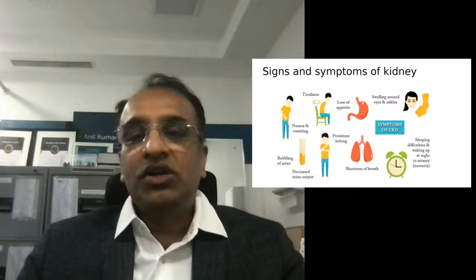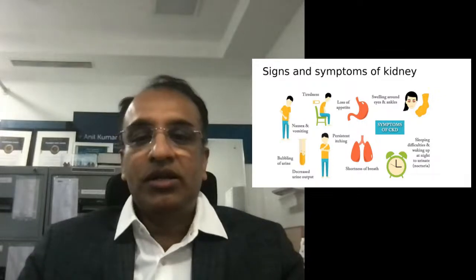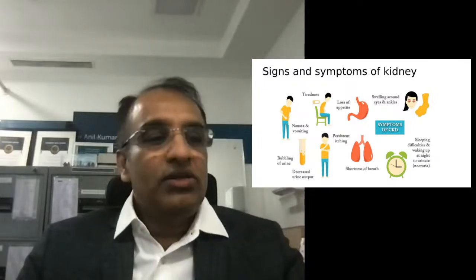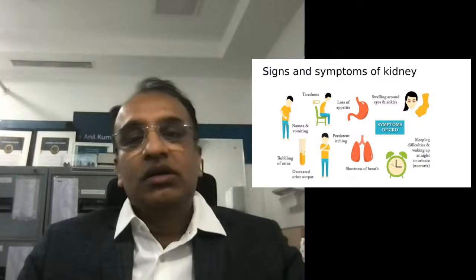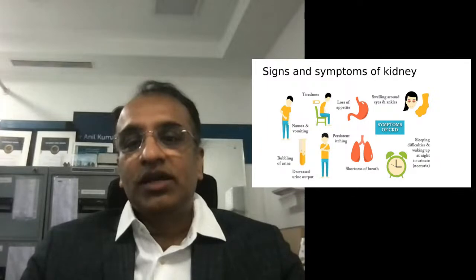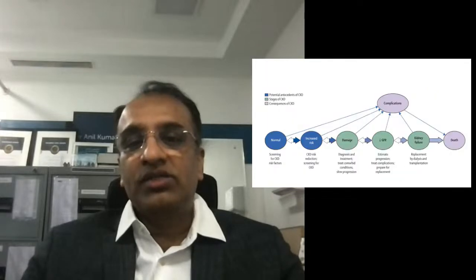They have frothy urine, with what we call metal bubbles in the urine. Urinary output may decrease, and there may be generalized weakness like tiredness. There is also a vomiting sensation, nausea or vomiting. So if any of these symptoms are there, you could have chronic kidney disease.